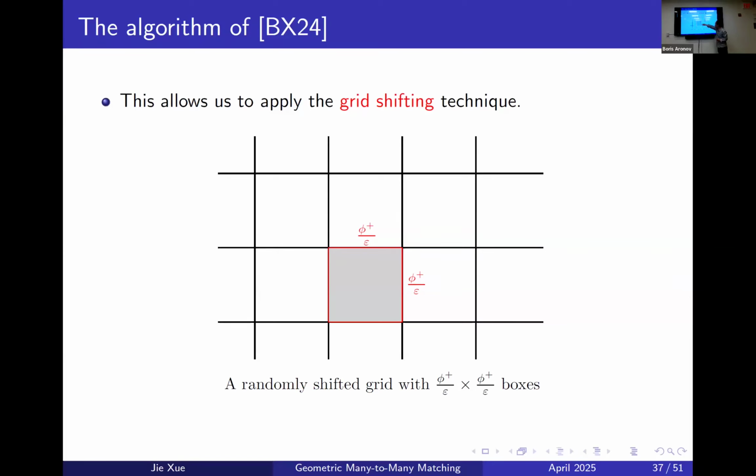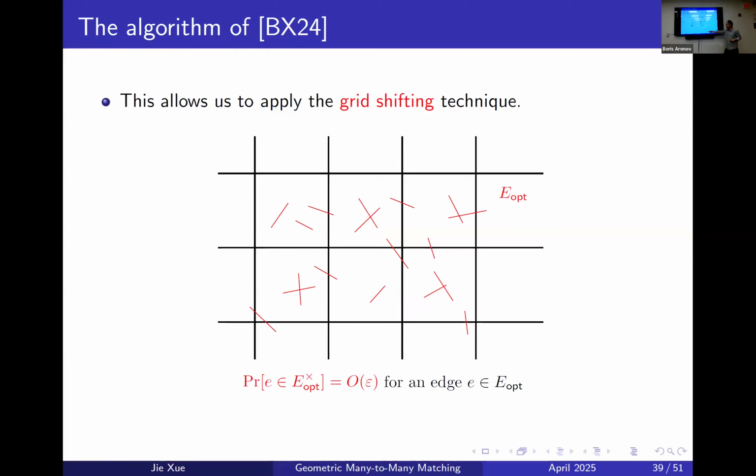So the probability that your edge intersects the boundary is big O of epsilon, right? If you put like 0.01 here, it's like 100 phi plus. So the probability that your edge intersects the boundary is some constant times 1%. So the probability an edge belongs to this set is big O of epsilon.